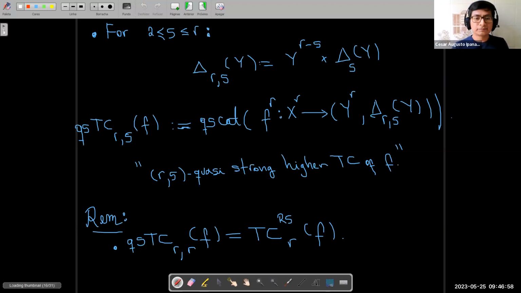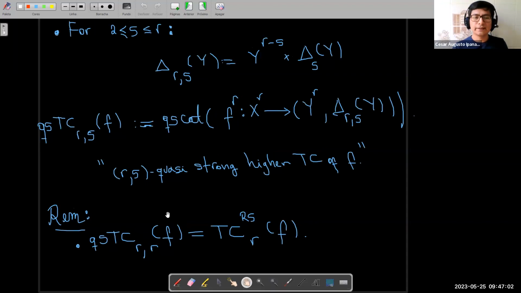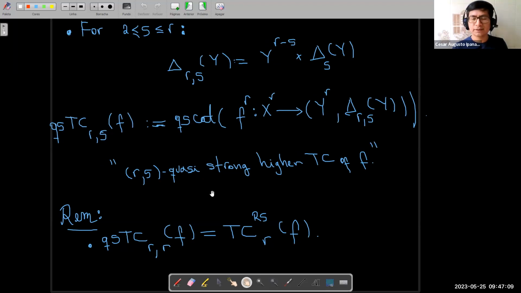Okay, and I will introduce the (r,s) quasi-strong hierarchy, which is a natural generalization for Rudyak and Schwarz TC. For s between 2 and r, we consider this product.